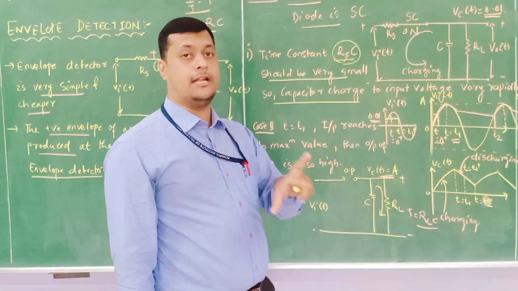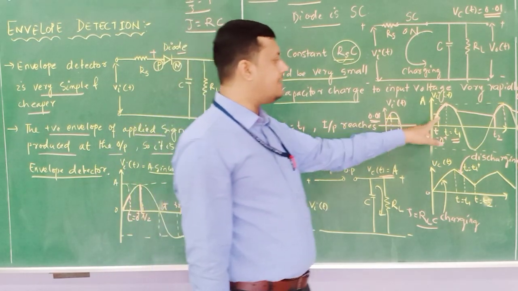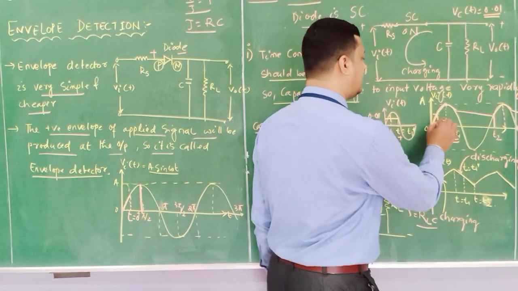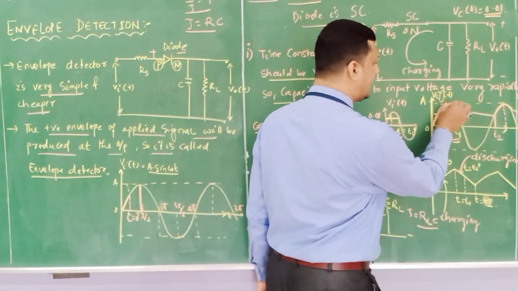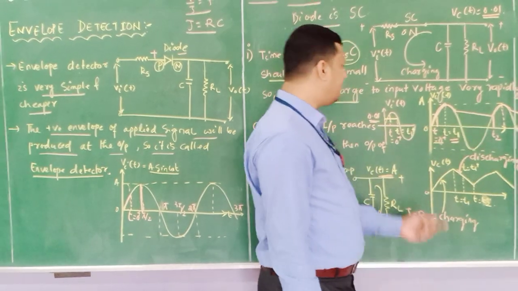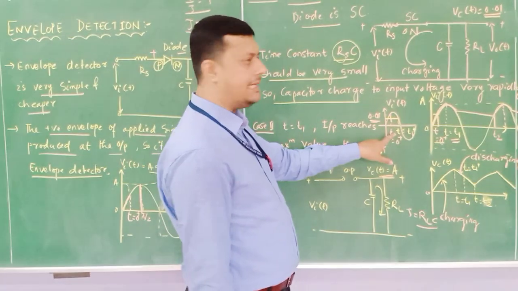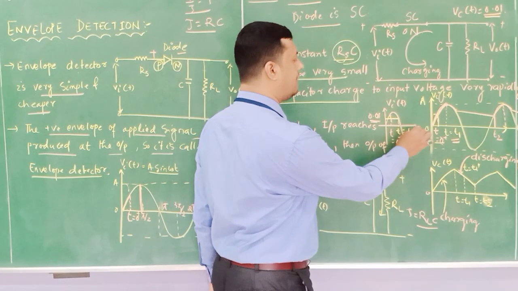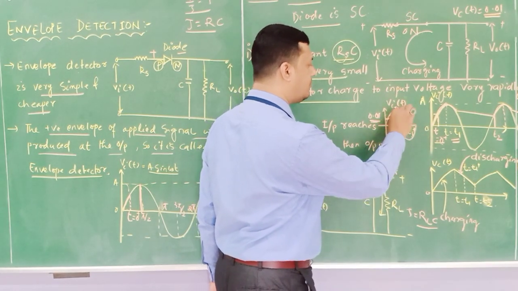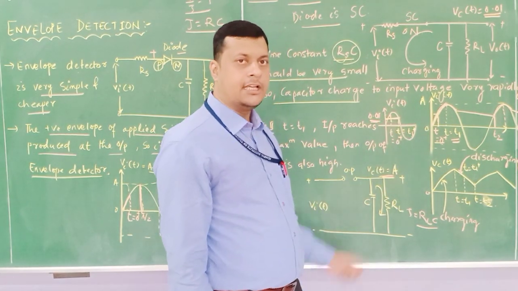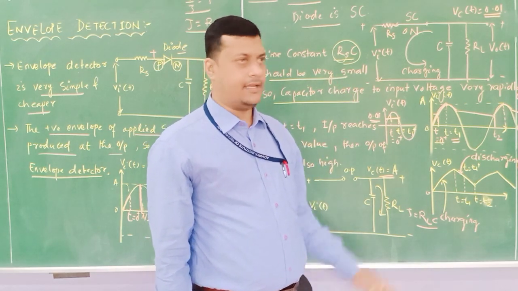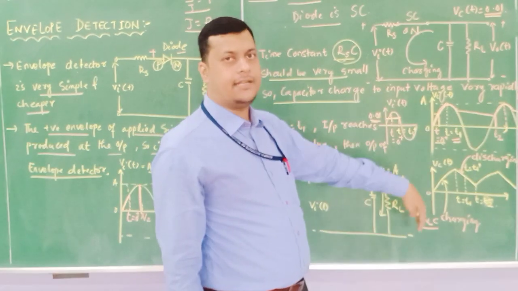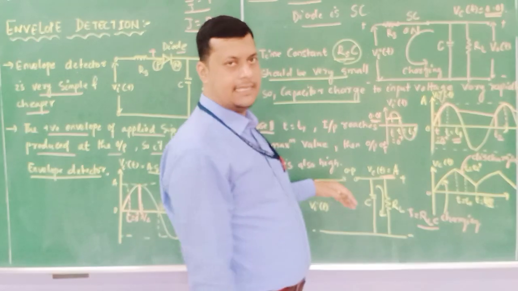So in this figure you can see, first it is increasing up to A, then it is decreasing a little bit. Why? Because in this figure you can see at T is equal to T1 plus, up to this particular potential your diode is in forward biased condition. Okay, though the amplitude is decreasing.